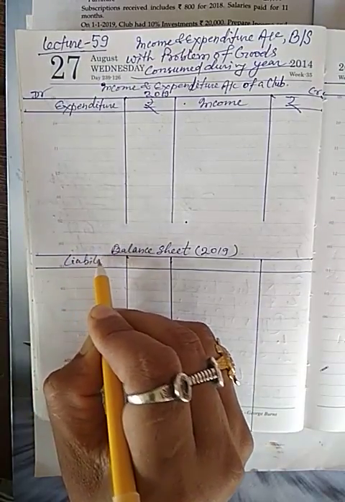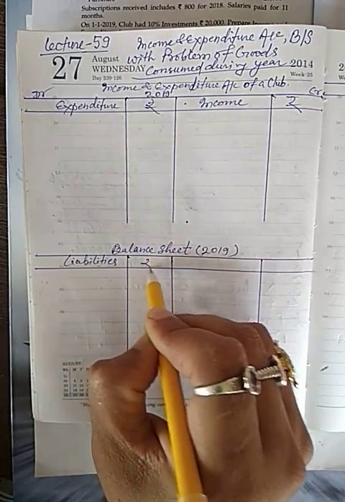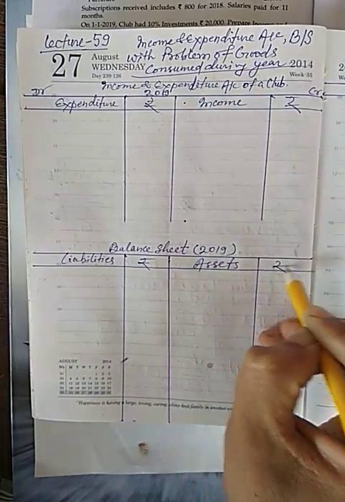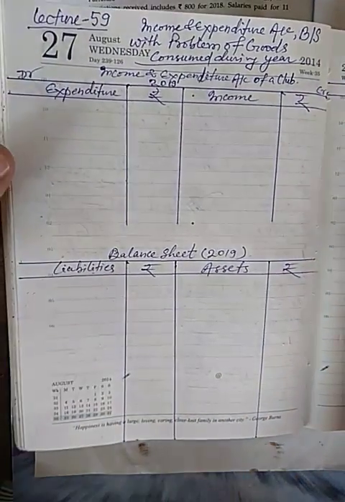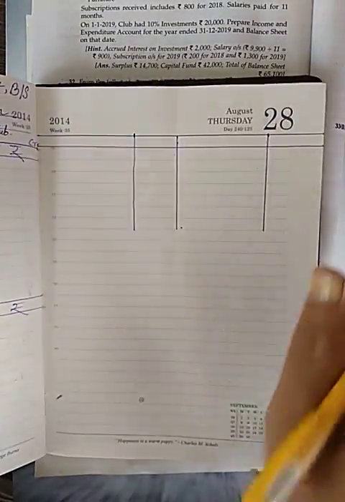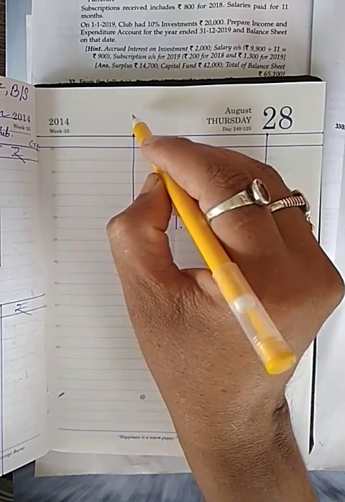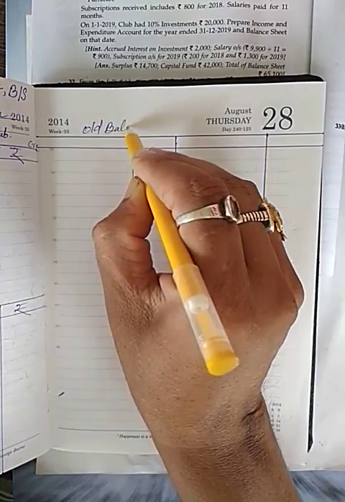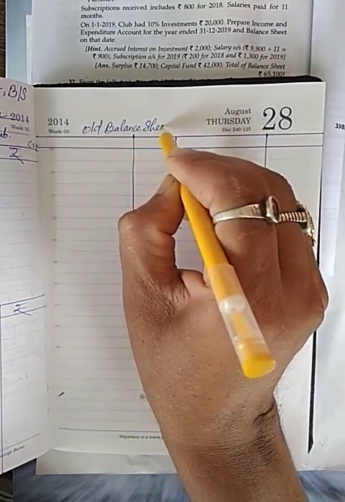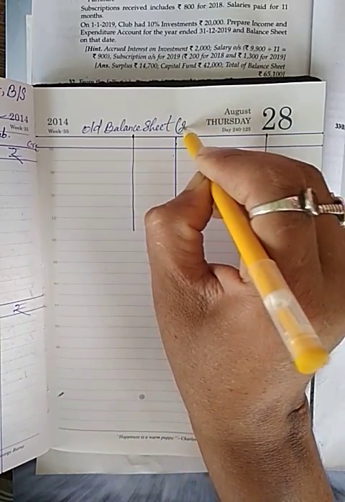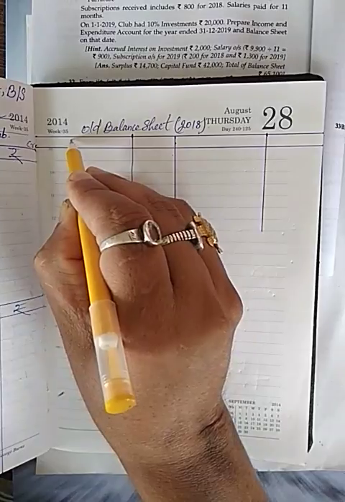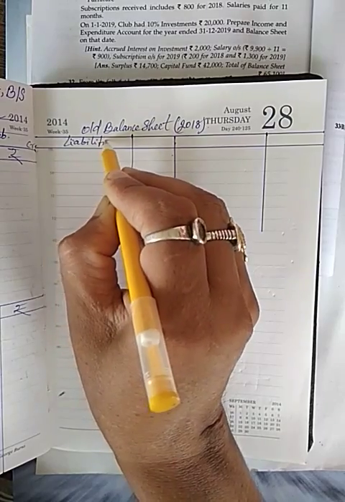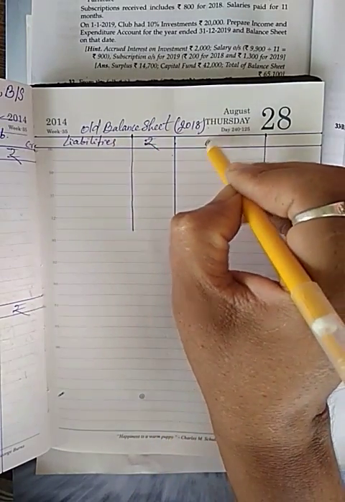This is liability side, rupees, assets, rupees. And I have also prepared a format of old balance sheet of 2018. This is liability side, rupees, assets, rupees.